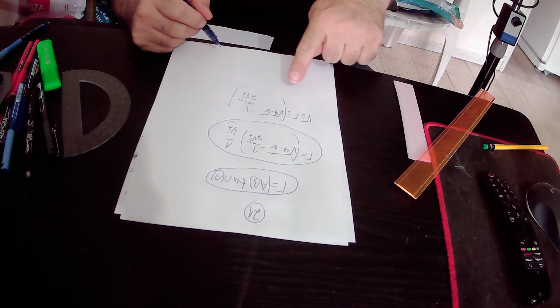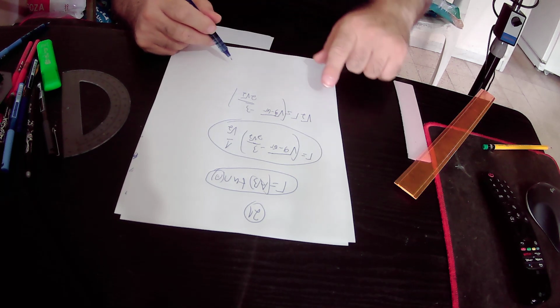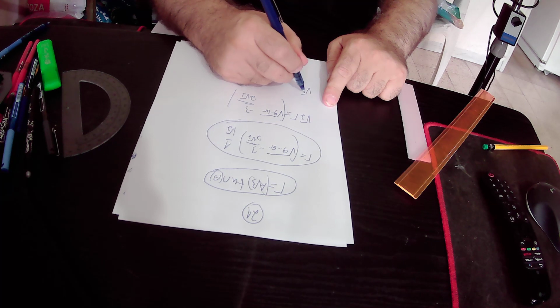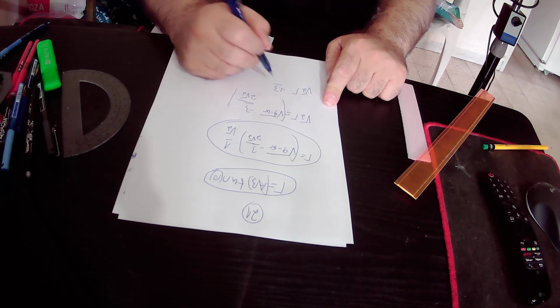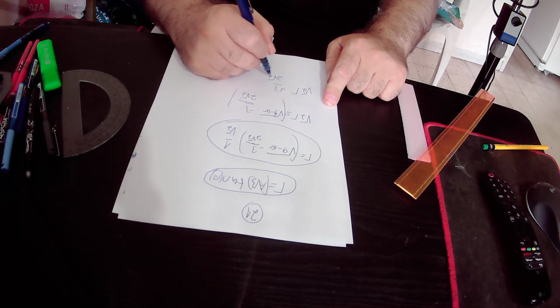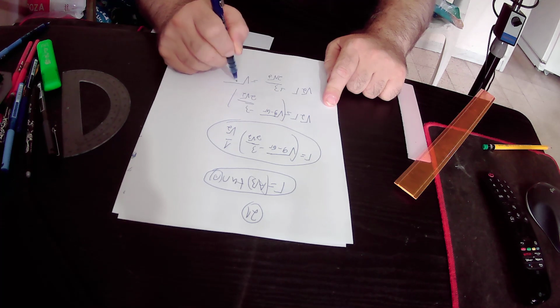So in this equality we will add 3 over 2 times root 2, and we will get that 2 times r plus 3 over 2 times root 2 equals the root of 9 minus 6r.